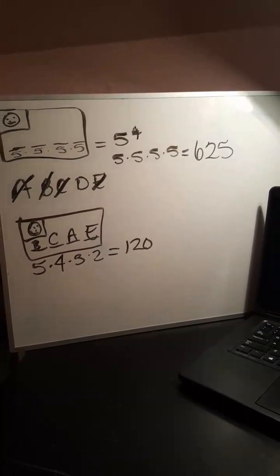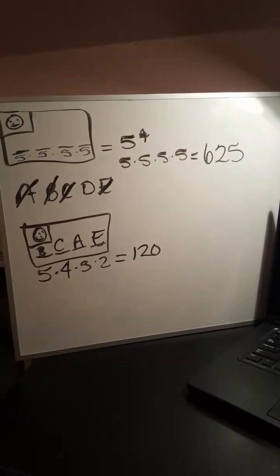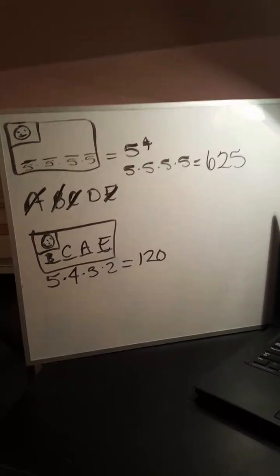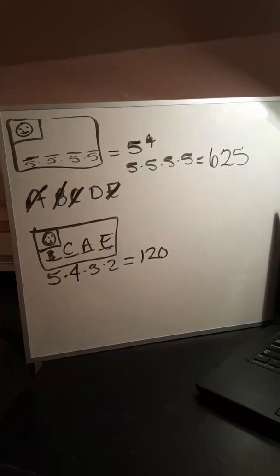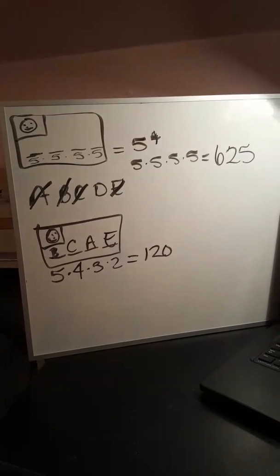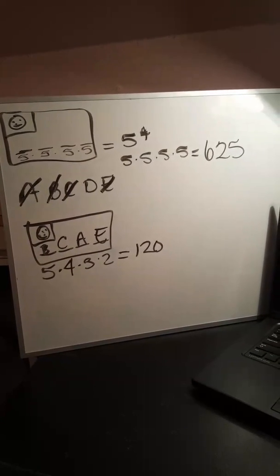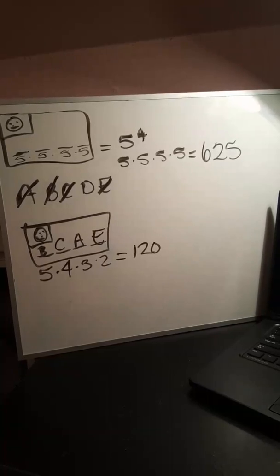But if we have a card where we have the same letters, A, B, C, D, and E, that cannot be repeated, then that means that we have 120 ways that we can write that ID card.